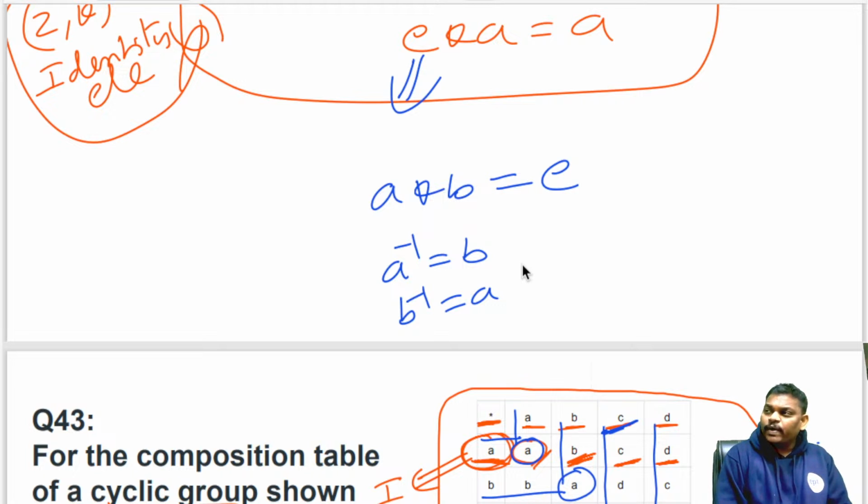First find the identity element. After finding the identity element, for two elements, if you do the operation and you get E, that is the indication that they are inverse to each other.